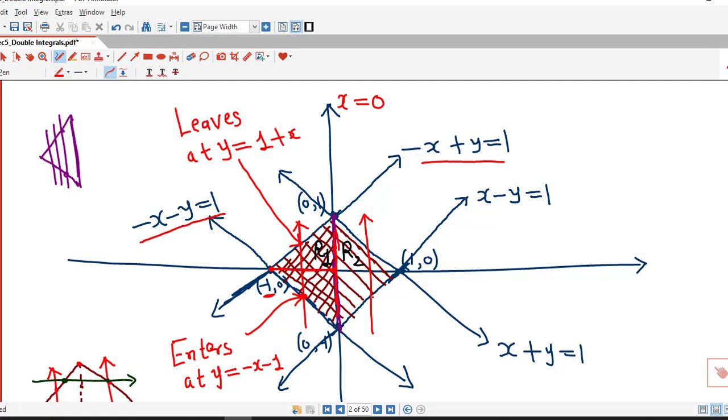Now for this part, again we consider the point at which the line enters the region. This point is on the line x minus y equal to 1. So here we obtain y equal to x minus 1. From this we can decide the value of y.